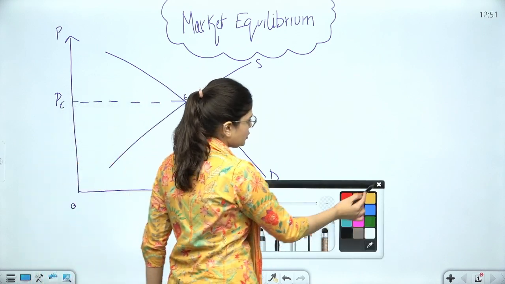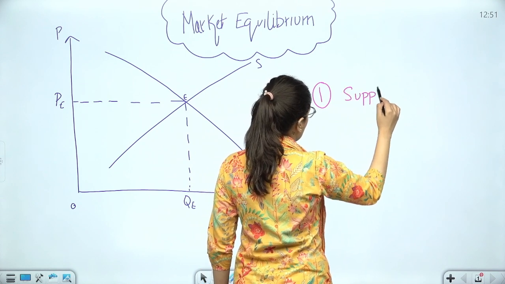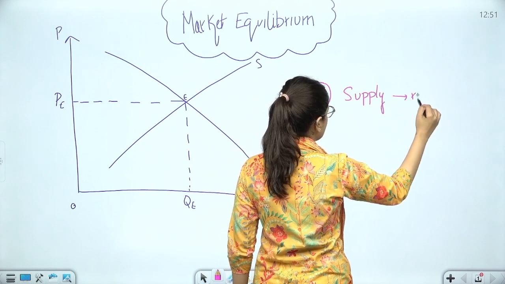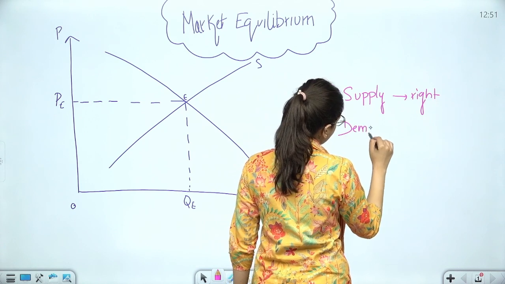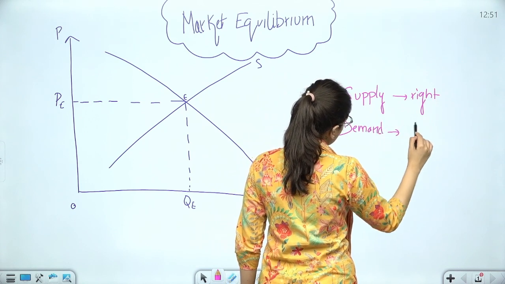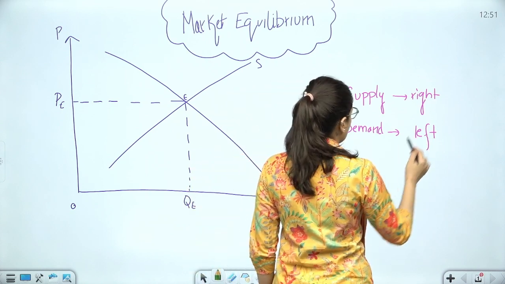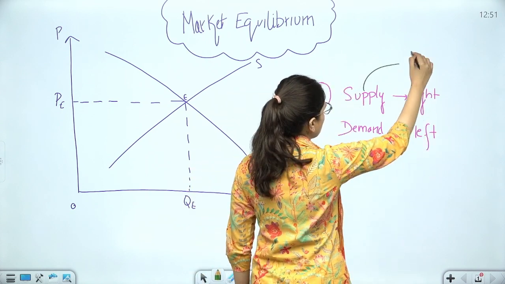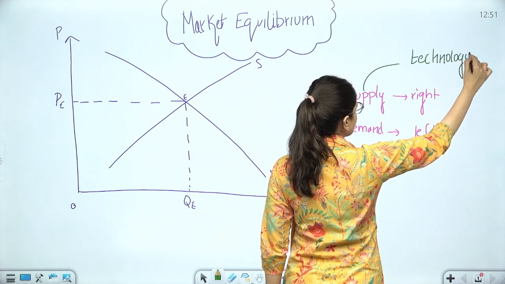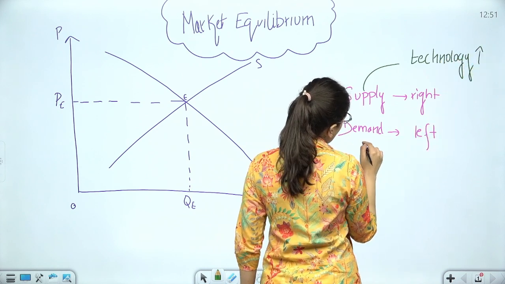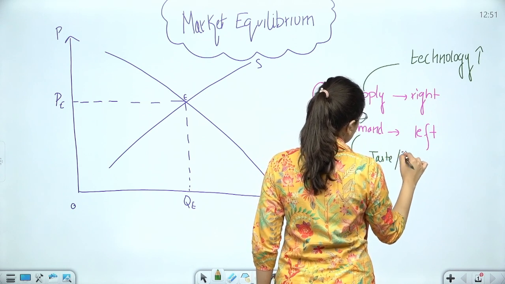Now the case number 1 that we are taking is that supply is shifting towards right, demand shifting towards left. So let's say supply shifted because of technological advancement, okay, and let's say demand decreased because of taste and preferences.